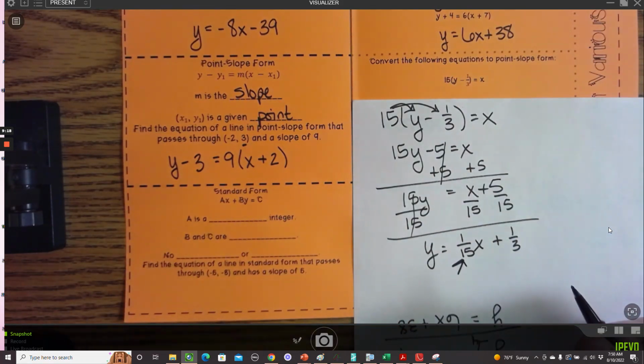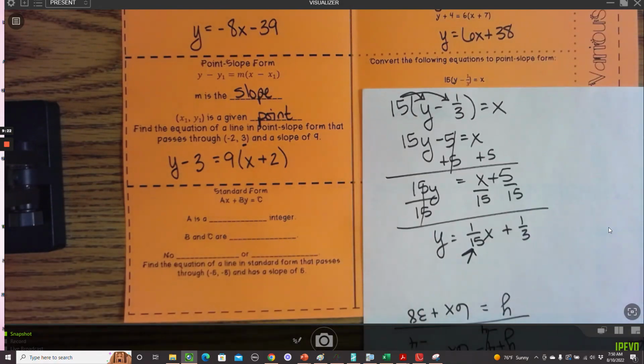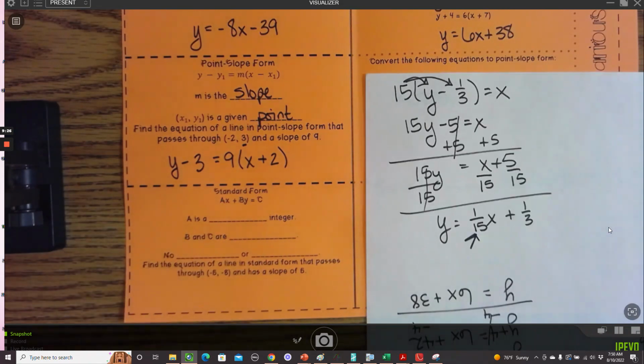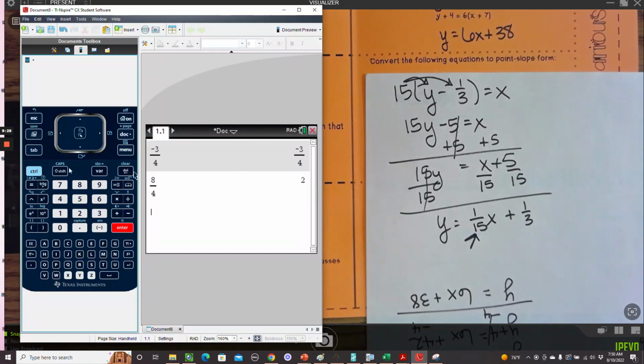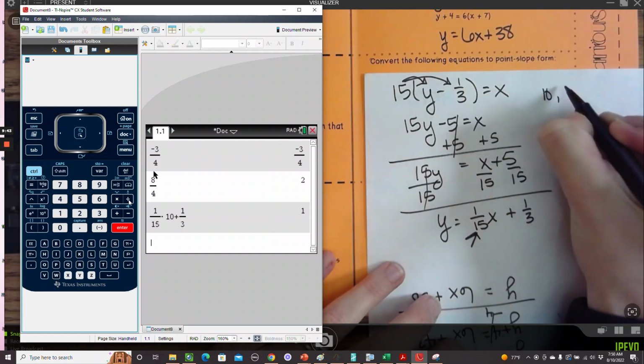So now what I can do is plug a value in here. Let's plug a 10 in for x. So if I do 1 over 15 times 10 plus 1/3, that means I would have a point at 10, 1.